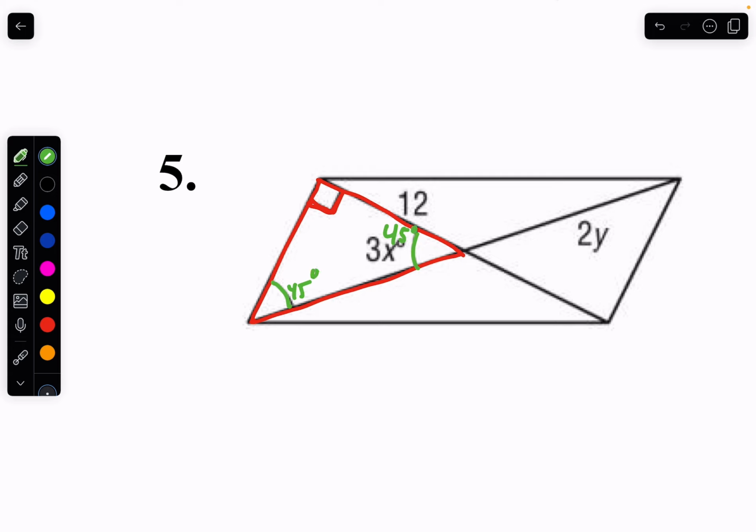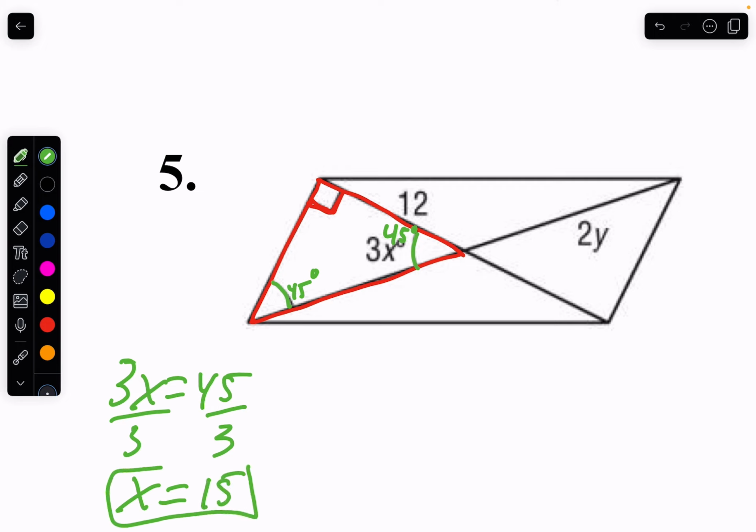Okay, so knowing that, I can just say 3x equals 45, divide by 3, x equals 15, and we're done with x.